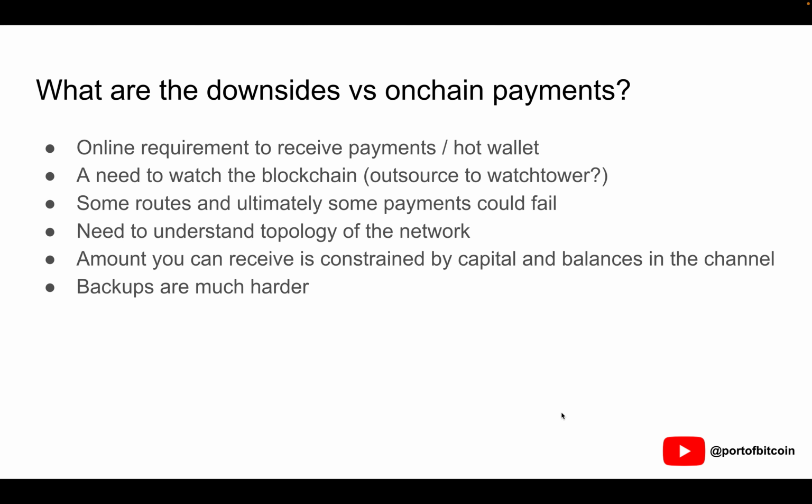And as I alluded to in the justice transaction scenario, where Bob needs to watch the blockchain in case Alice tries to broadcast and get confirmed a revoked state, there is this online requirement to receive Lightning payments. If you aren't online, you can't receive Lightning payments.